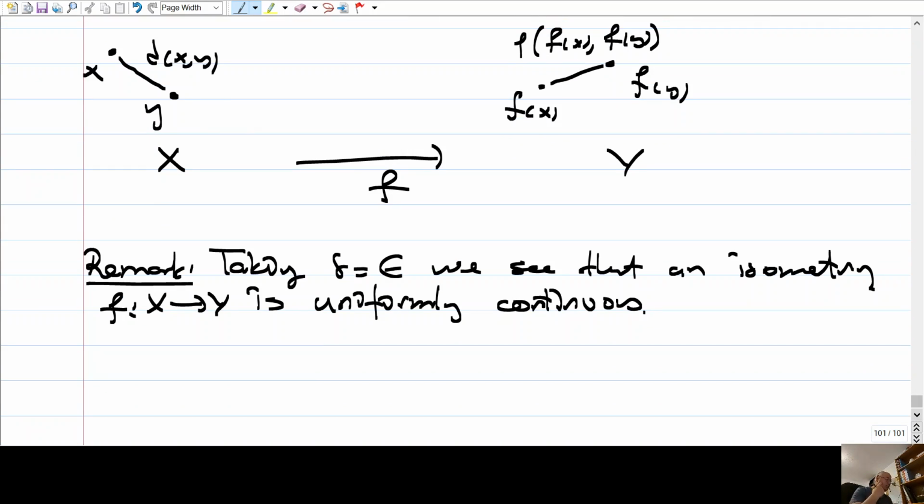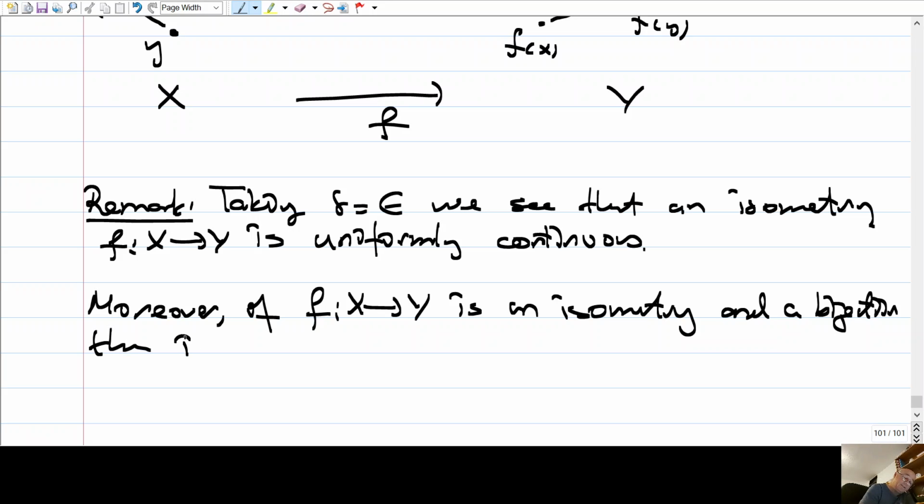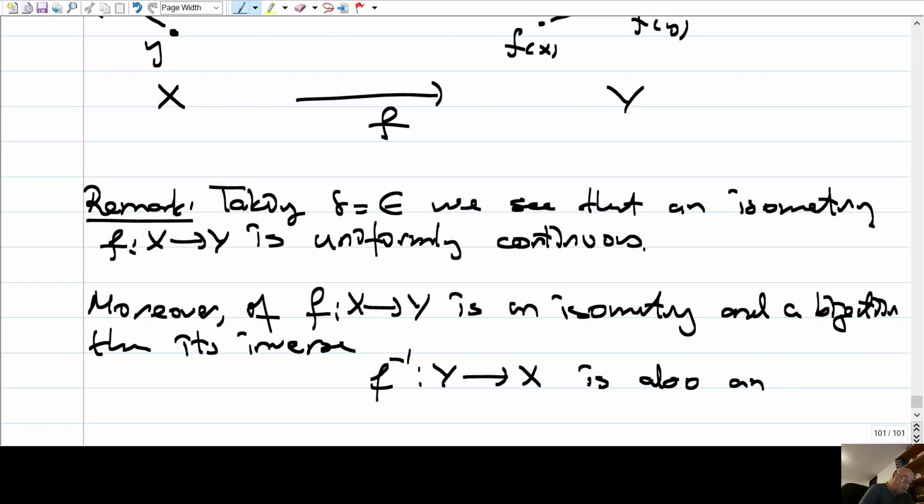And moreover, if f from X to Y is an isometry and a bijection, so if it is one-to-one and onto, then its inverse f inverse from Y to X is also an isometry. Why is that?